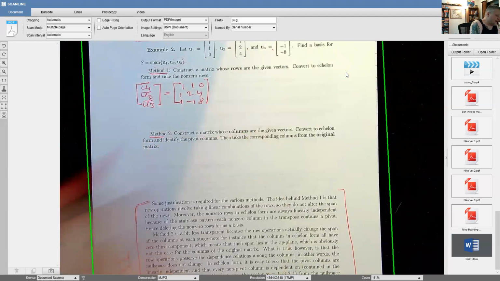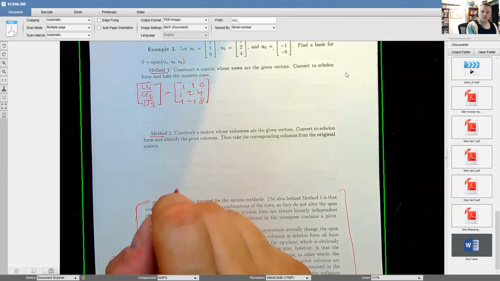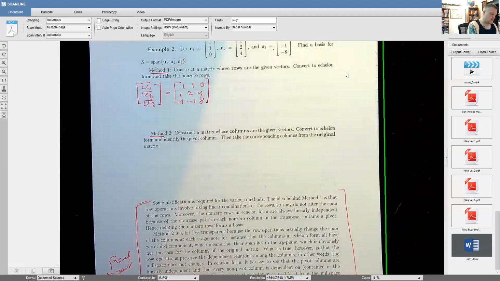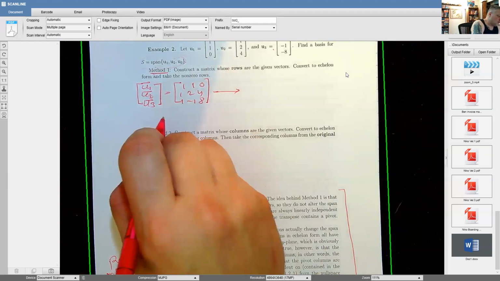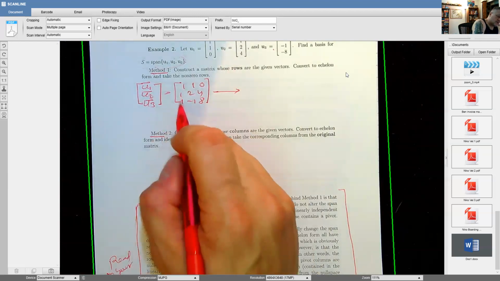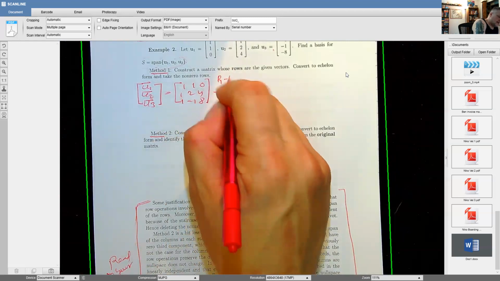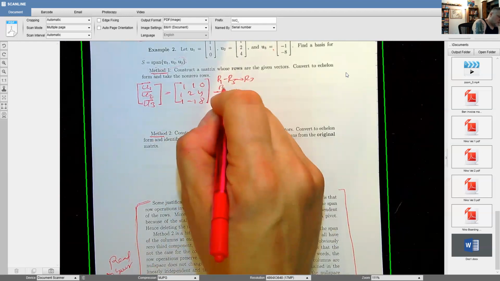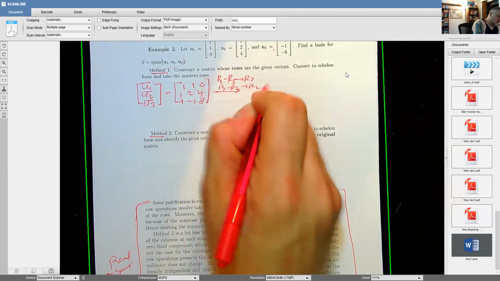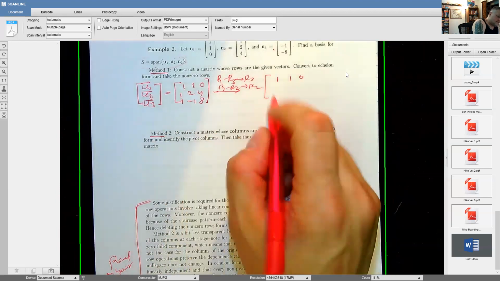And then I'm going to convert it to echelon form and then take the non-zero rows. All right, so if I want to go to echelon form, I want to put zeros there and there. So I want to subtract R1 minus R3, put that into R3, and R1 minus R2, and put that into R2. The first row remains unchanged.